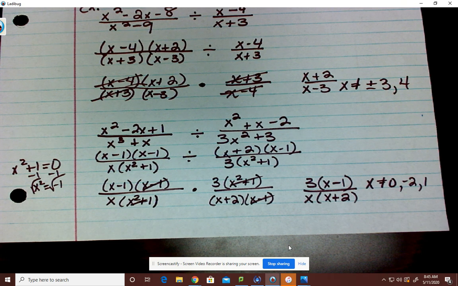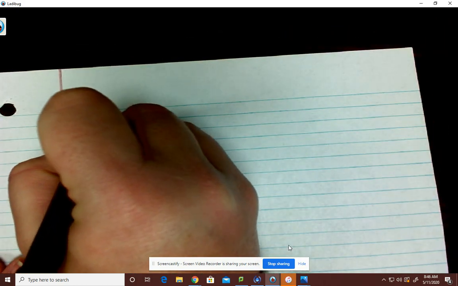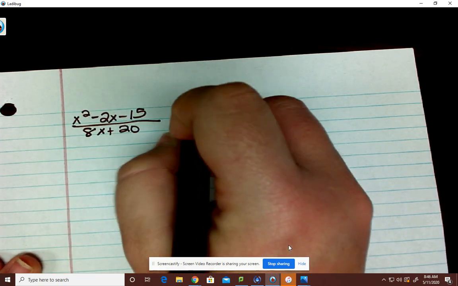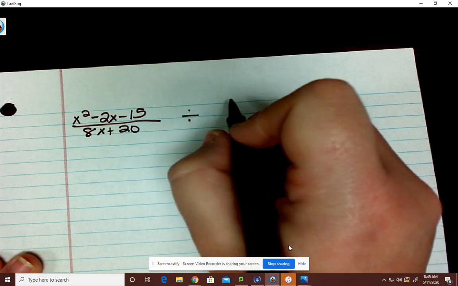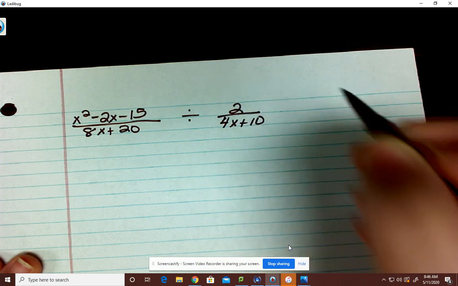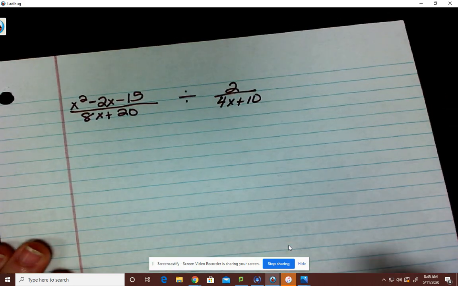Alright, one more example. Try to get another sheet of paper. Alright, so again, factor all expressions.